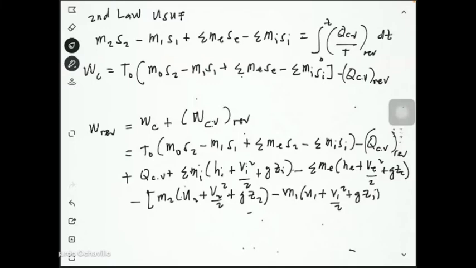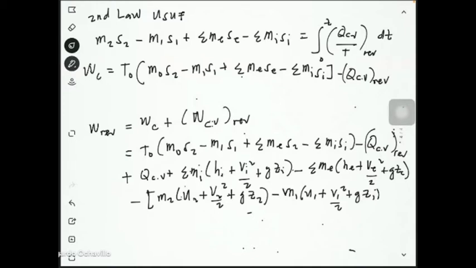Now we will reduce this equation. It is the general equation, so we consider some conditions, for example a system with fixed mass, meaning the mass is constant in your control volume.